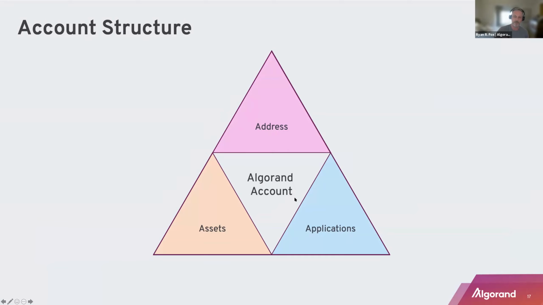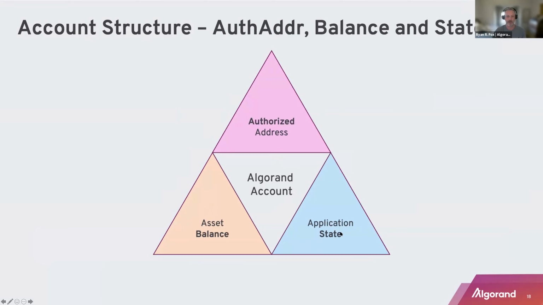The other components to the Algorand account structure are assets and applications. And really what this is talking about is what is the authorized address, and what are the balances of the addresses, and what are the states of the applications that this particular account may have.